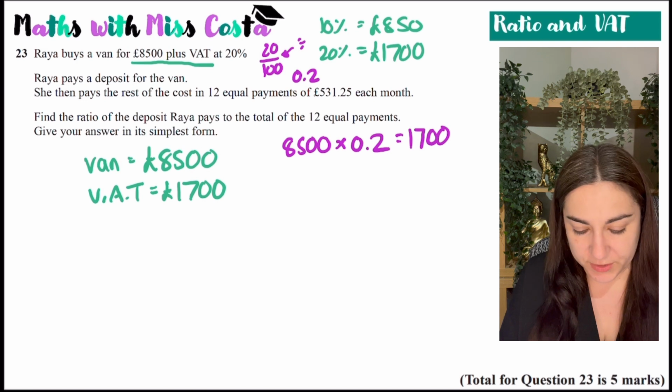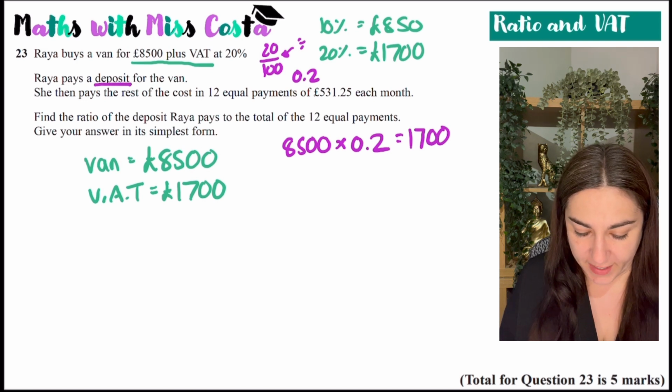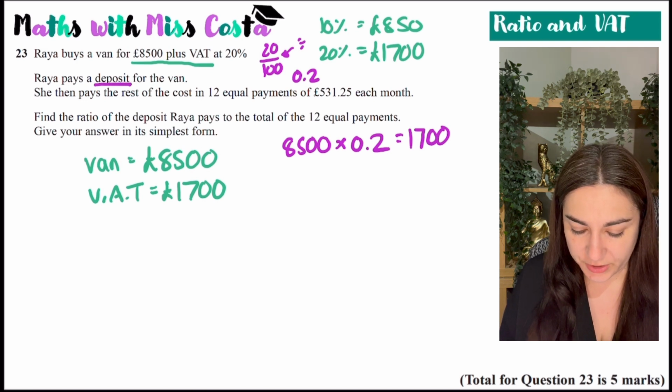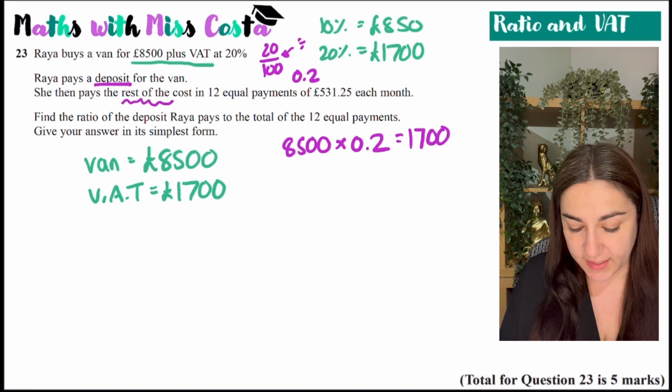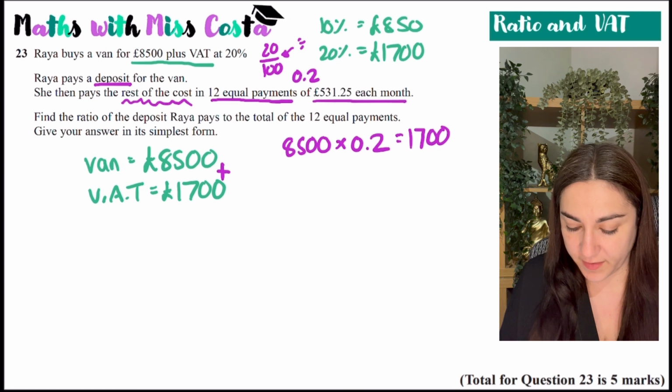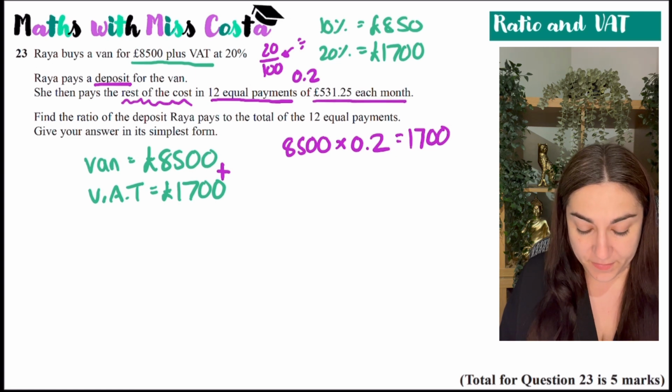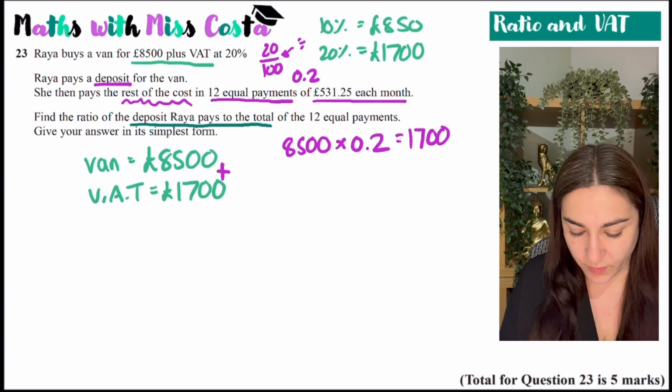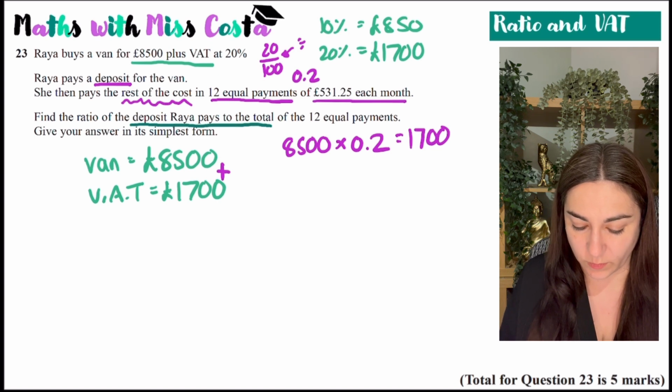I'm told that she pays a deposit for the van. She then pays the rest of the cost, so the rest of the cost means this plus the VAT, in 12 equal payments of £531.25 each month. Find the ratio of the deposit Raya pays to the total of the 12 equal payments.